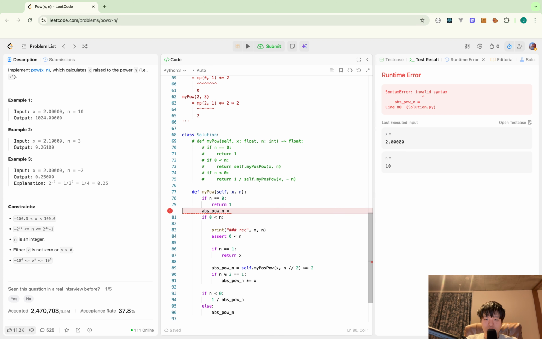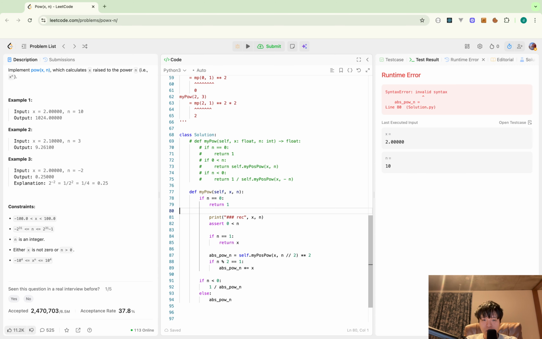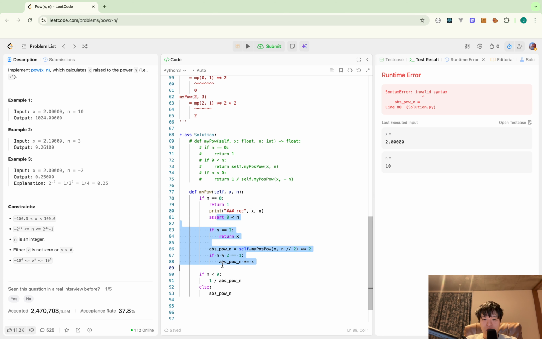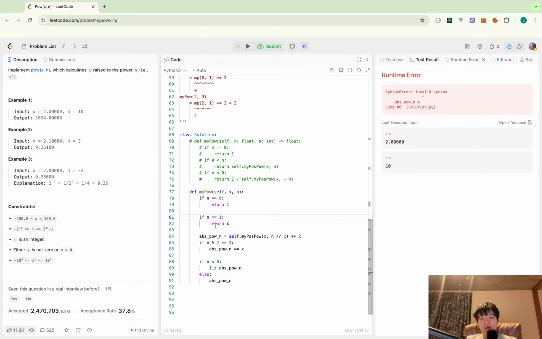So I don't need this here. So n is 1 or maybe -1. Wait, this is the base case.